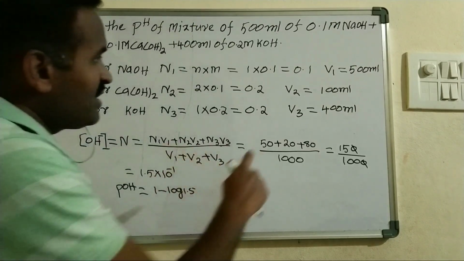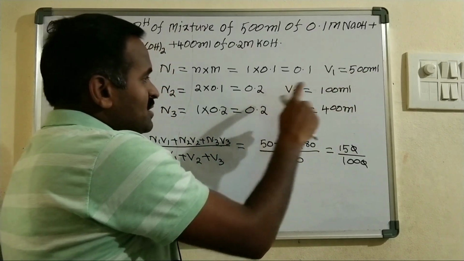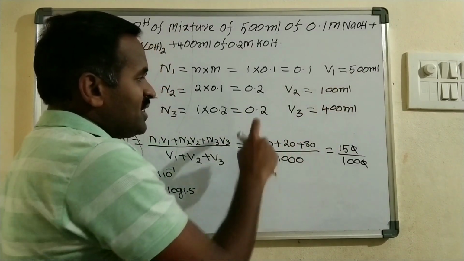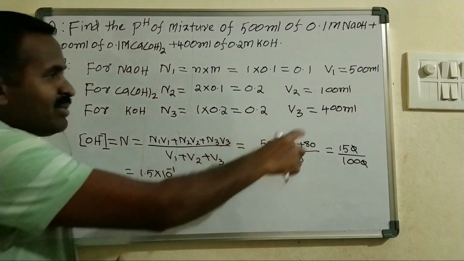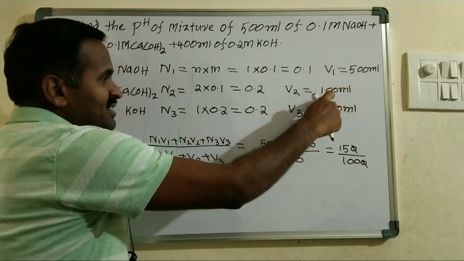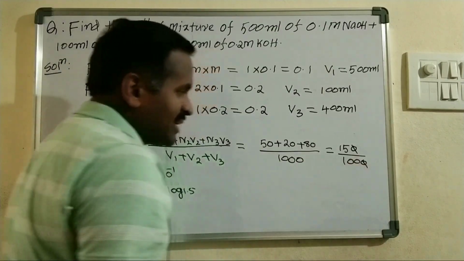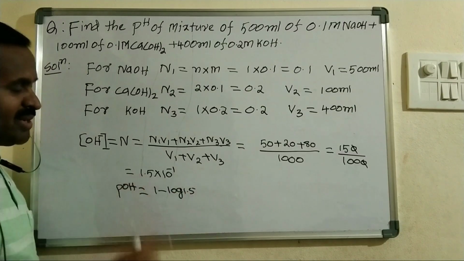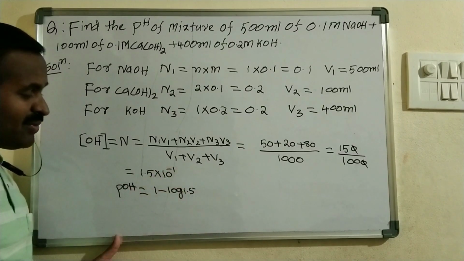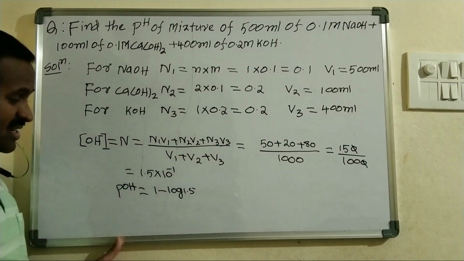N1V1 is 0.1 into 500, which gives 50; 0.2 into 100 gives 20; 0.2 into 400 gives 80; all divided by the total, 500 plus 100 plus 400, 1000 ml. You get 150 divided by 1000, right? So 15 divided by 100, that means 1.5 into 10 power minus 1. This is the OH minus ion concentration.